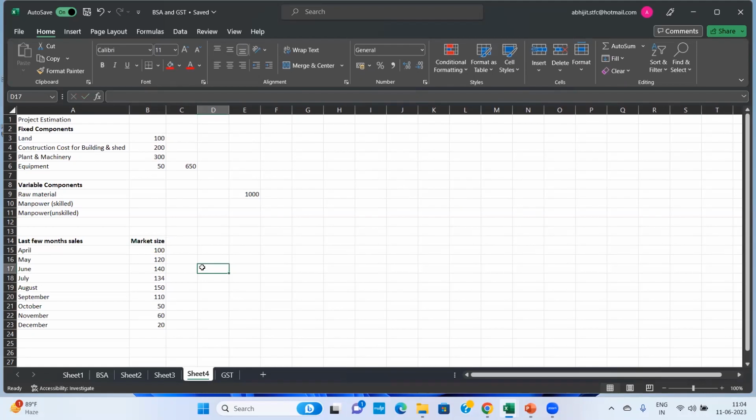When I talk about market size, it means the demand from the entire market in which I am catering to, right? What is the next data I should look at to estimate my raw materials requirement?